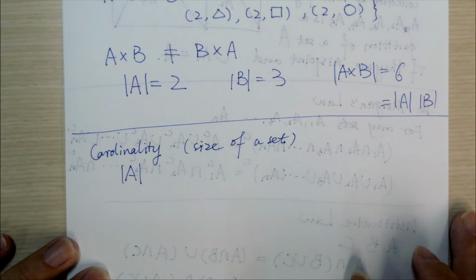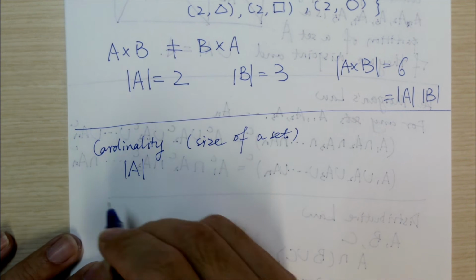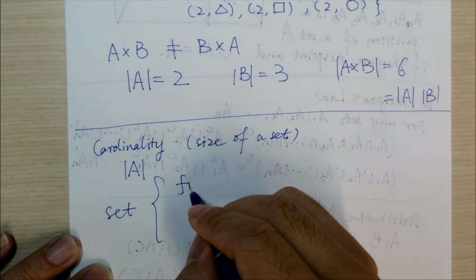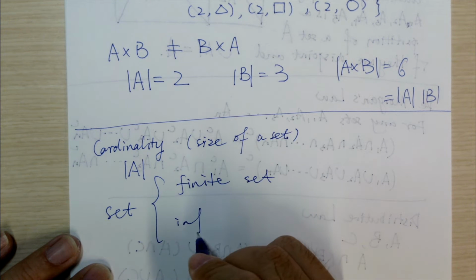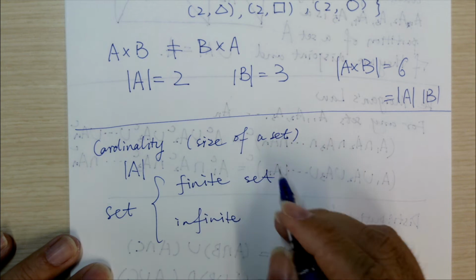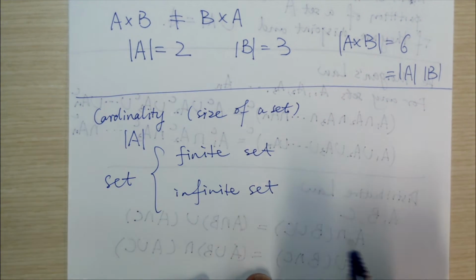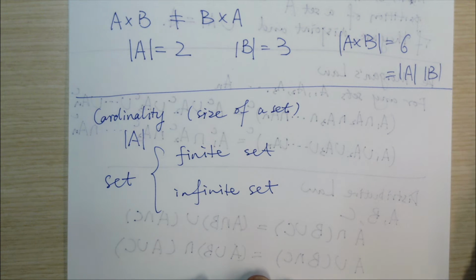So based on the size of a set, we can distinguish our set into two types. If you give a set, it could be a finite set or an infinite set. And if the set is finite, that means it contains finitely many elements.